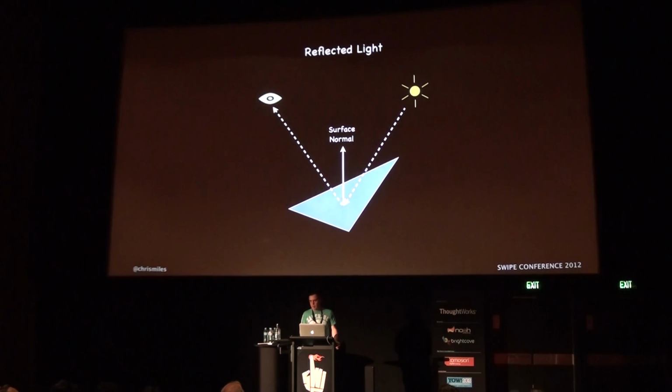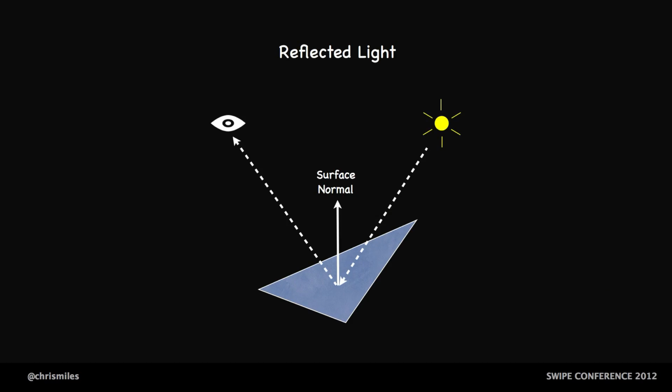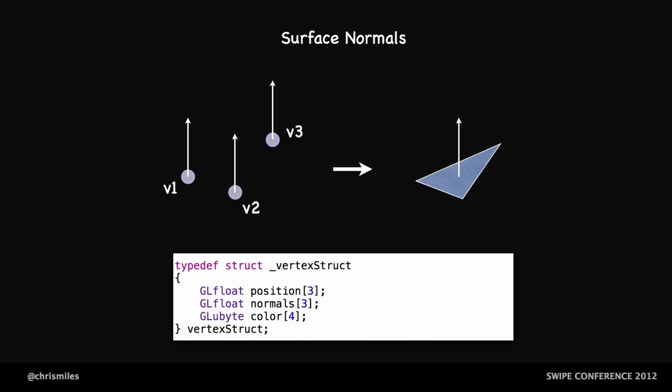In a very oversimplified diagram, one of the things that the light calculations are trying to do is to determine the angle of the light source as bounced off that particular triangle, and it does this by using what's called a surface normal. The surface normal is a vector that's pointing perpendicular to the face of the triangle, and how we supply that to OpenGL is by supplying the vector normals for each vertex that we're passing in for that triangle.